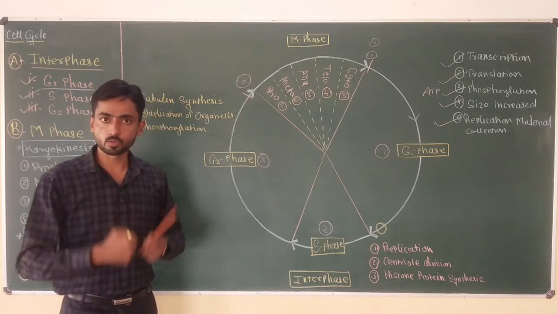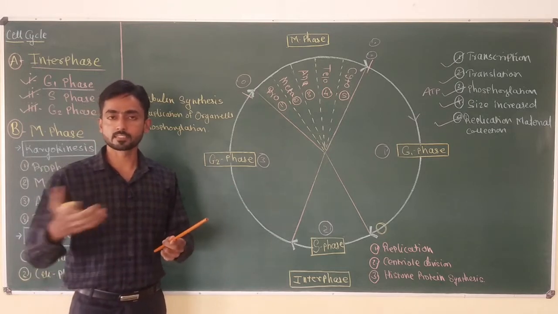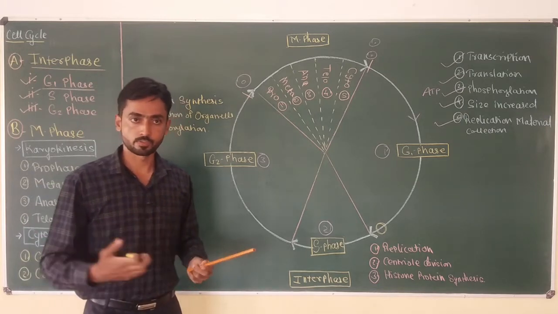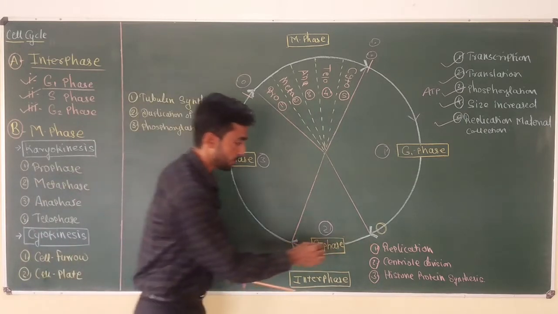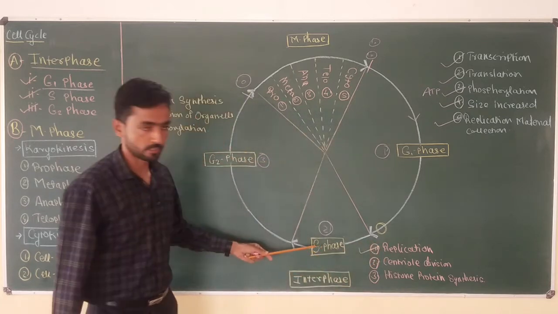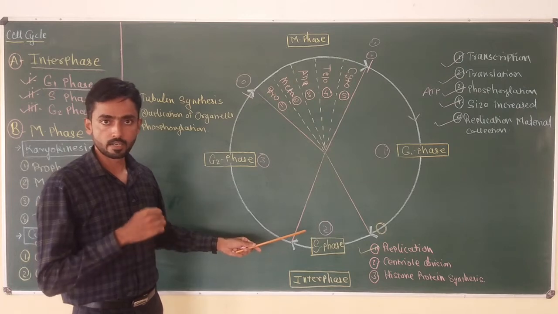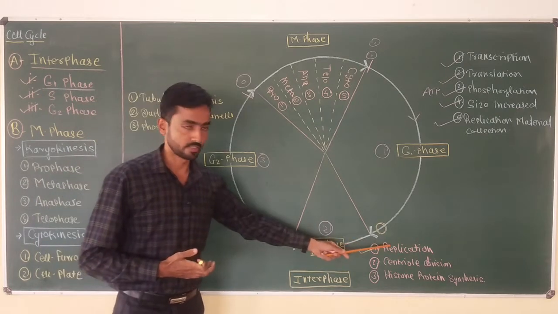All these enzymes work together to produce an exact copy of the genetic material which the cell has. DNA replication mainly occurs during the S phase. So the first thing that takes place inside the cell at the time of S phase is DNA replication.